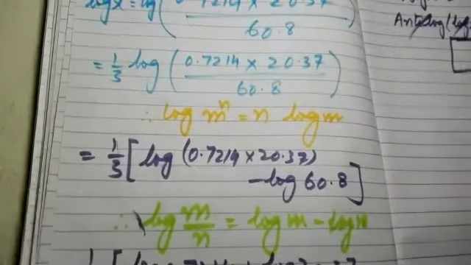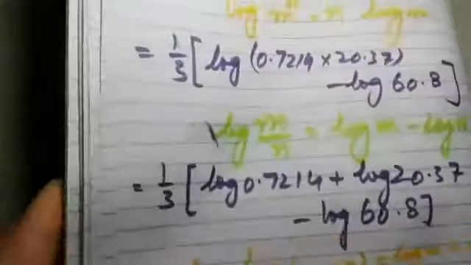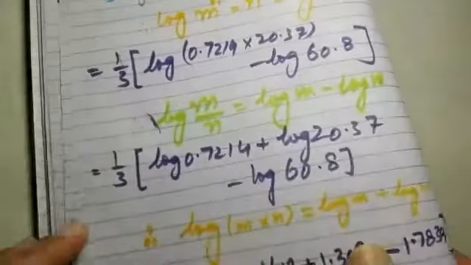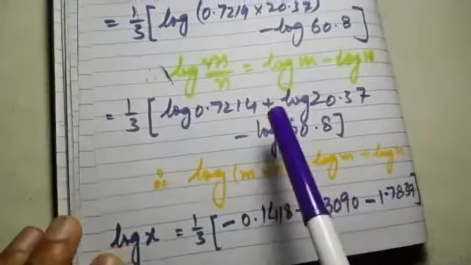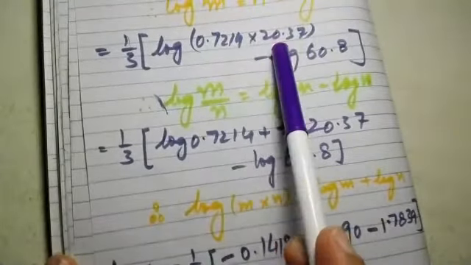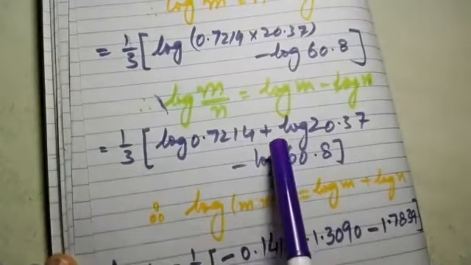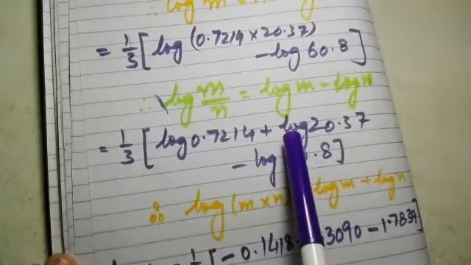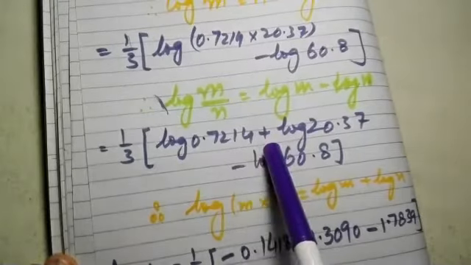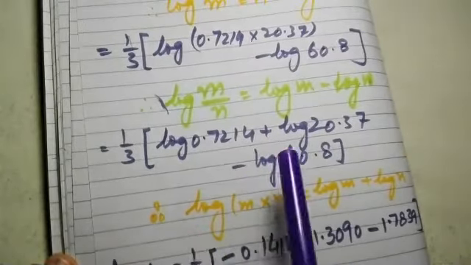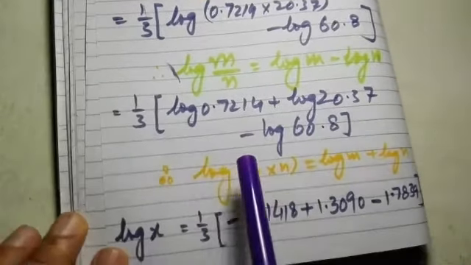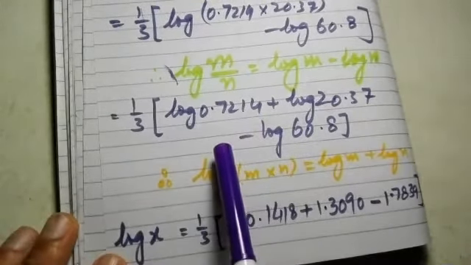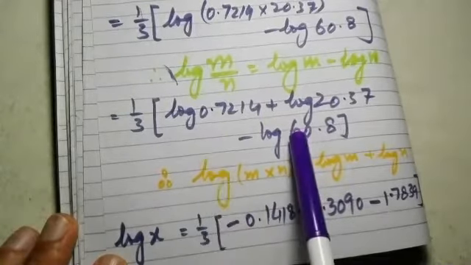And then in the next step, these two terms which are being multiplied, their log was converted as the sum of the two logarithms because of the first law. So I have applied three respective laws until I got a position for the calculation of the logarithms.